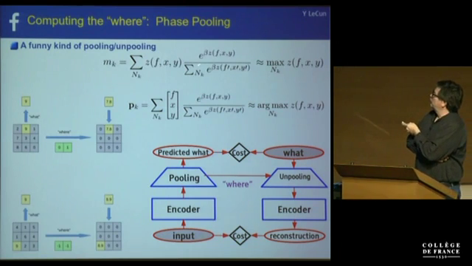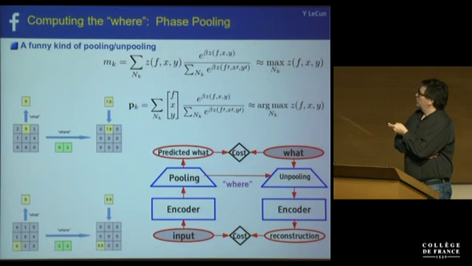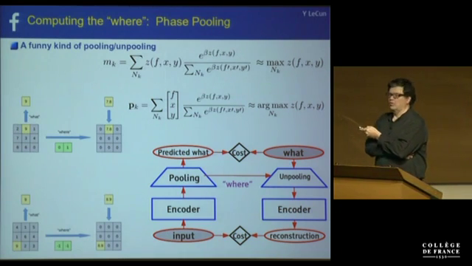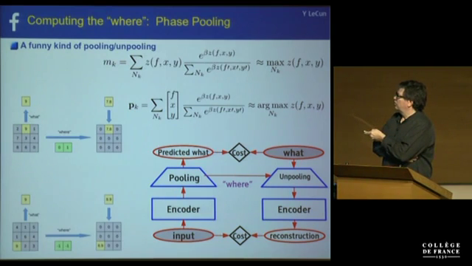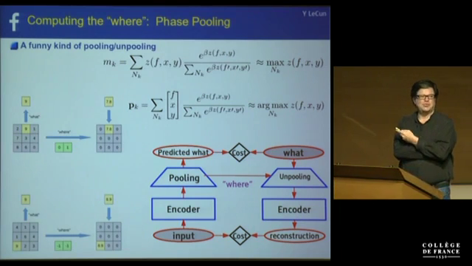Pooling and unpooling work as follows. You have implementations like this in Torch. For pooling, you take the values that you find in a pool, the values that you wish to aggregate, and you calculate a sort of weighted average of these values corresponding to a soft version of a max.